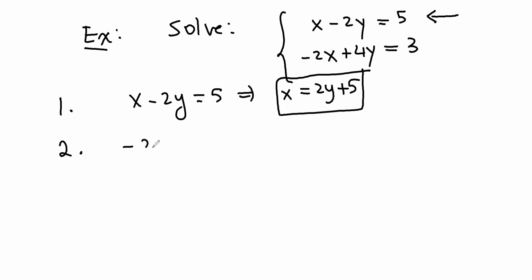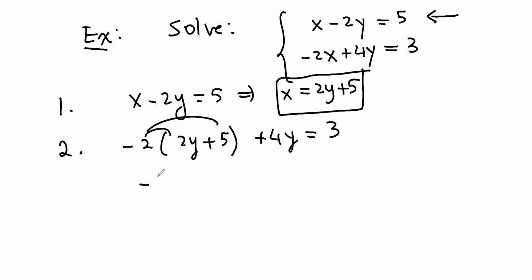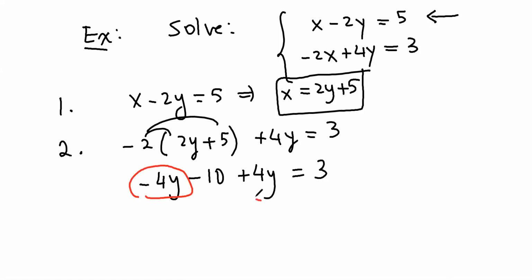Then step 2, I'll take this and plug it into the second equation. The second equation is negative 2 times (2y plus 5) plus 4y equals 3. Then distribute: negative 4y, negative 10, plus 4y equals 3. Now I'm going to combine like terms, which in this case are negative 4y and 4y, and negative 10 shouldn't be here, it should be on the other side where the other number is.